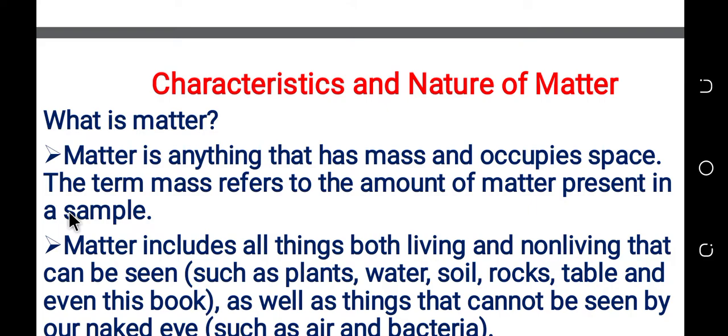So what is matter? Matter is anything that has mass and occupies space, but mass is the amount of matter present in a sample.